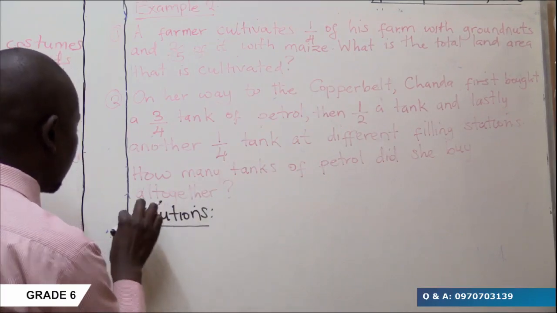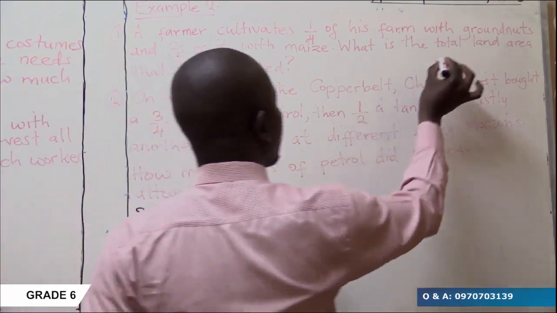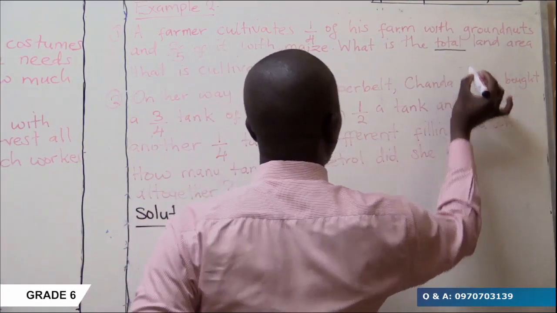Okay, so let's start with number 1. What are we going to do? Boys and girls, if you are given a question, it is important for you to identify keywords in the question. Here our keyword is the word total.